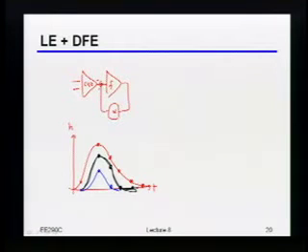By the way, another way of saying that this allows you to give up less on the DC gain is also to say that effectively I've backed off on the bandwidth of my linear equalizer, right? Because notice the width of this pulse that's coming out of the linear equalizer is roughly speaking twice as wide as it used to be before, right? Approximately. I'm not exactly 2, but ballpark.